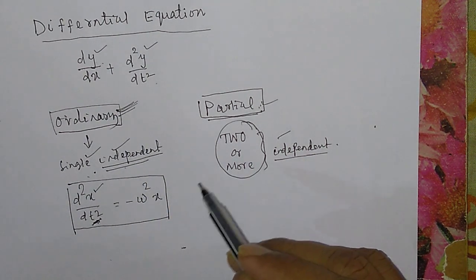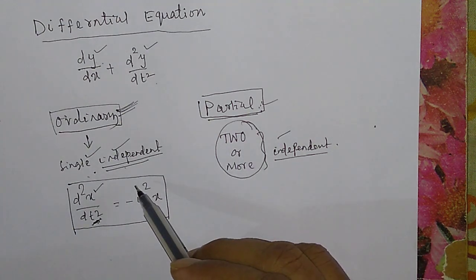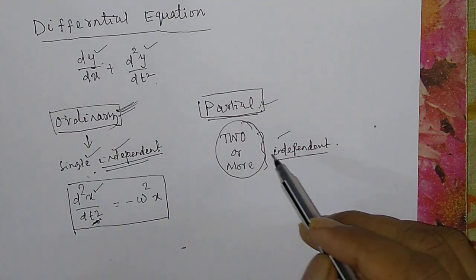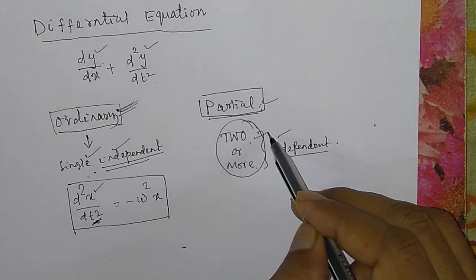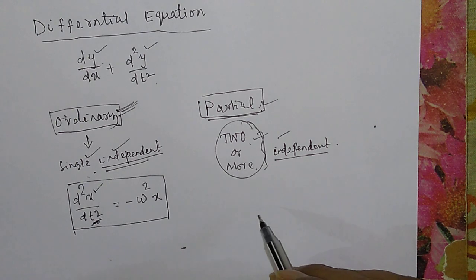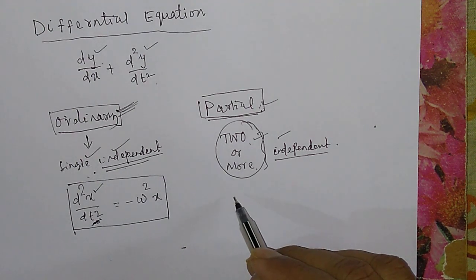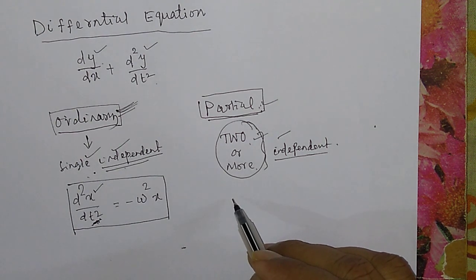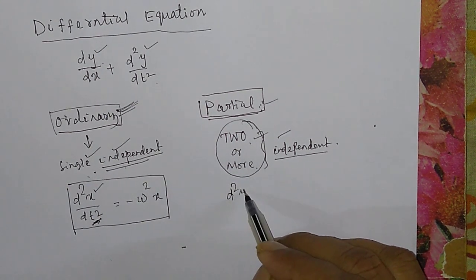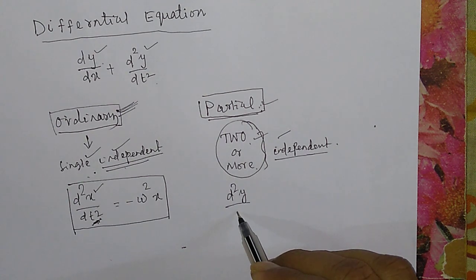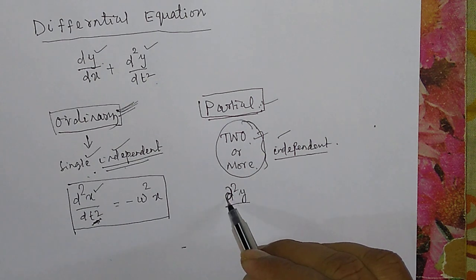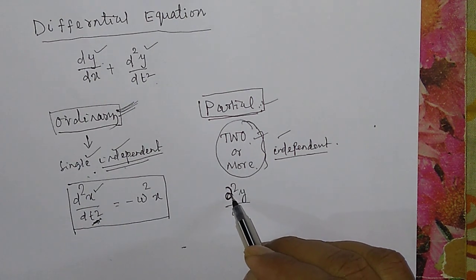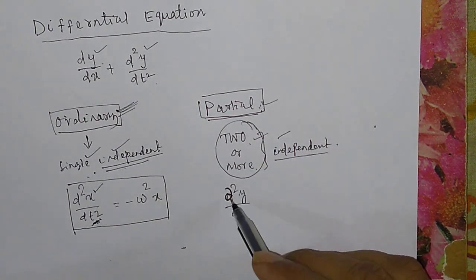But if you have more than one independent variable, that means two or more, then it is called a partial differential equation. Suppose the vibration of a string, the wave equation of the vibration of a string. What is the wave equation? You write the second derivative of y, the partial differential equation, using del. The symbol for partial differentiation is del.